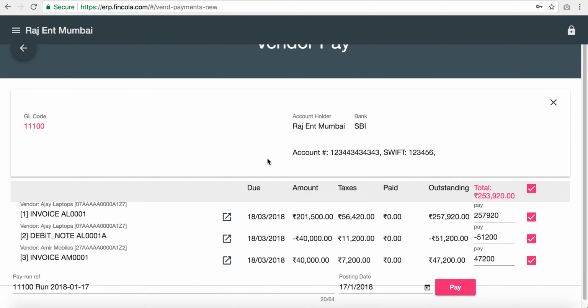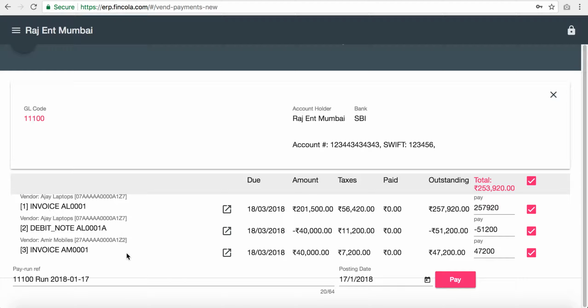We have one bank account, and it shows all the invoices that were linked to this bank account with what is outstanding in them. Let's say we want to pay all the invoices for Ajay laptops. We can deselect this invoice to vendor, and this will be our net payable.